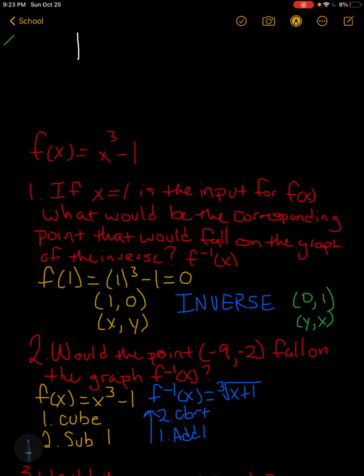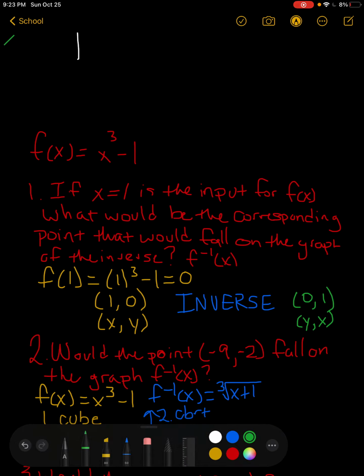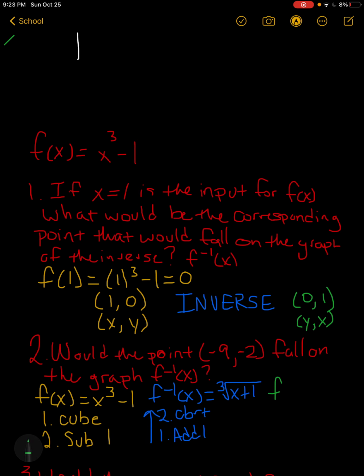Now that I have my inverse function, I can plug in, okay, -9 is my input. I need to figure out, does that equal -2? Let's go ahead and plug it in. f inverse of -9 equals the cube root of -9 plus 1.